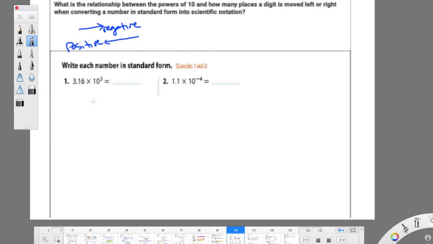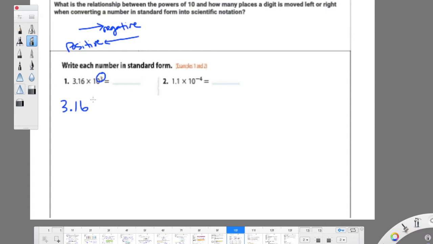So write each number in standard form. They give it to us in scientific notation, and we have to write it in standard form. So we have to take it out of scientific notation. So we're going to do the backwards concept of what I was just showing you. So now I have 3.16, and I have an exponent of 3. That means I moved the decimal 3 times to get to this notation here.